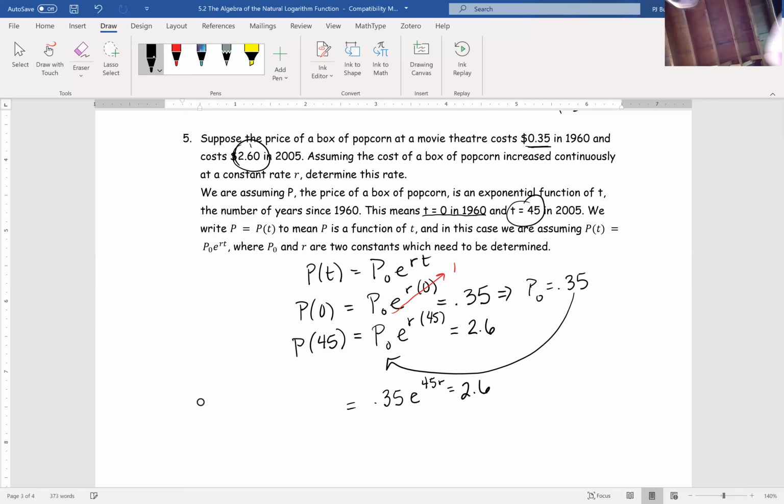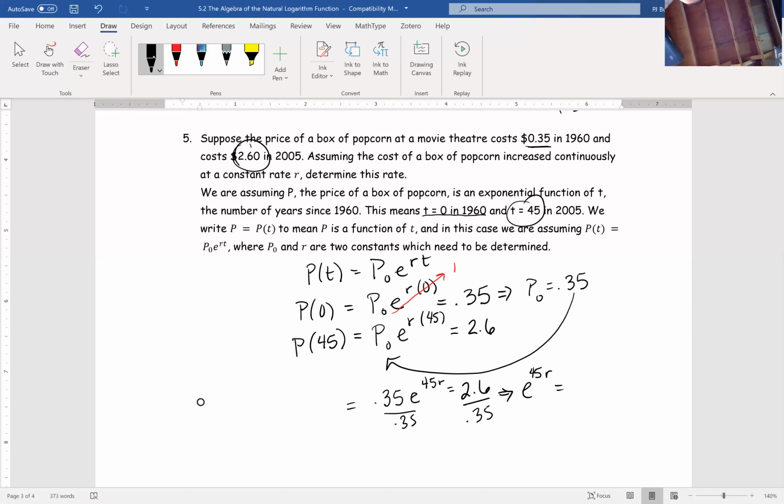And we've got to solve for r, so I'm going to divide both sides by 0.35. That's going to result in this equation. So let's see what that comes out as.